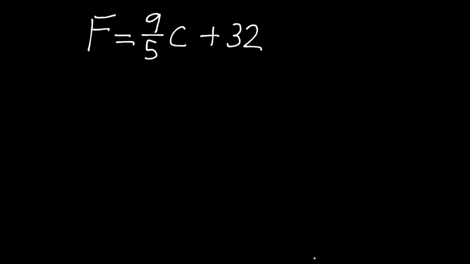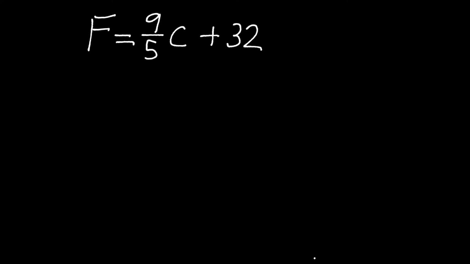In front of you, you see f equals 9/5 c plus 32. This formula, which looks kind of ugly as it is, is the formula to change something from Celsius into Fahrenheit. Whatever the Celsius temperature is, you multiply it by 9/5, and then you add 32 to it.